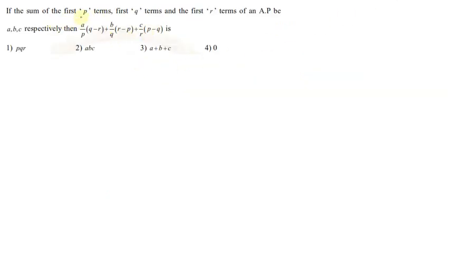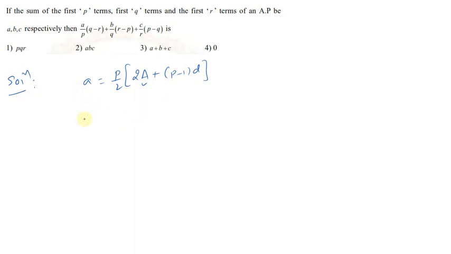If the sum of first p terms, first q terms, and first r terms of an AP are A, B, C respectively. So what is given: A is equal to the sum of first p terms, so you are getting p by 2 into 2a plus p minus 1 into d, where a is the first term and d is the common difference.